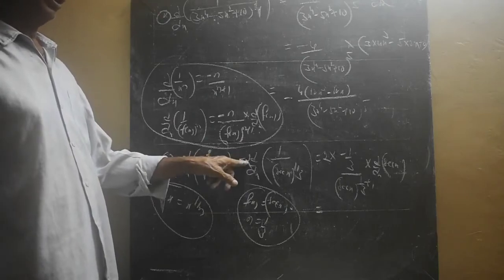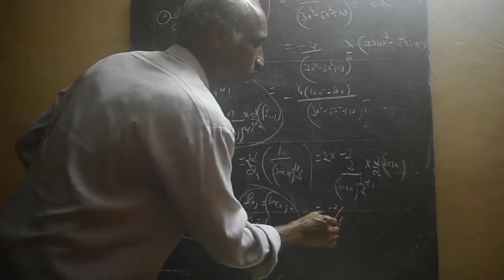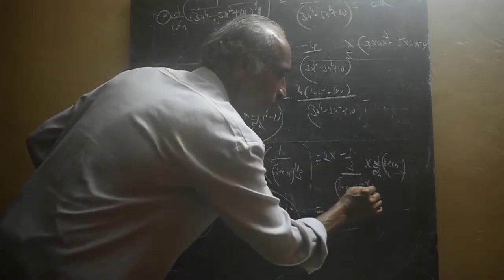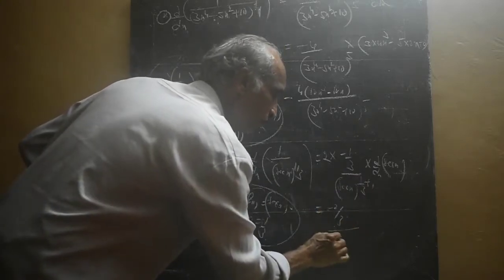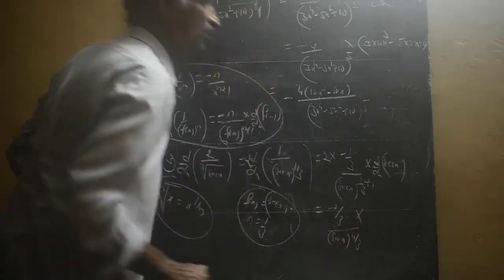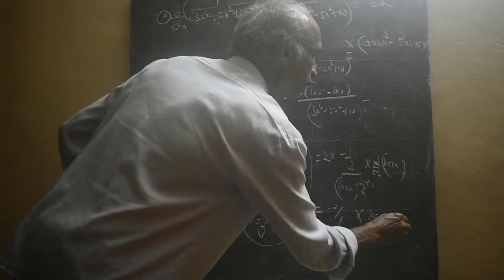So the constant is taken outside. It is minus 2 by 3, 1 by 3 plus 1, 3 ones are 3, 3 plus 1 is 4 by 3. Sec x raised to 4 by 3 into differentiation of sec x. Sec x differentiation is sec x tan x.